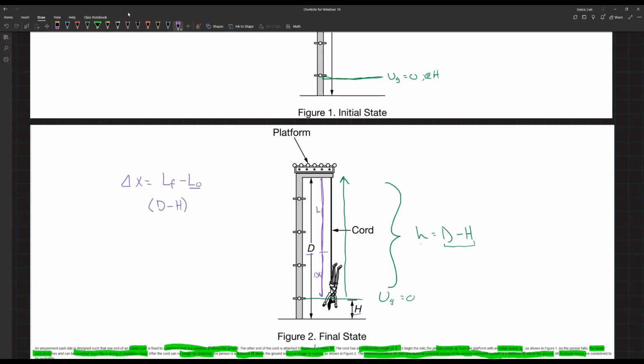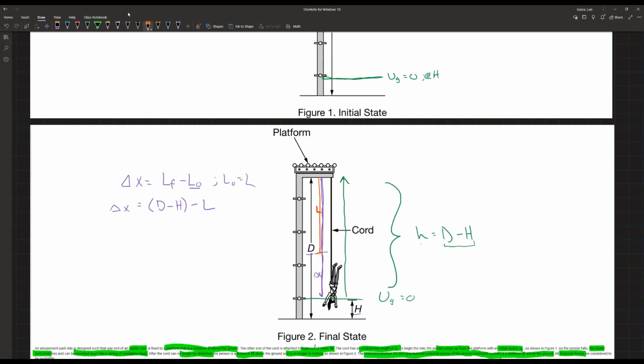And then the original length is just going to be L. So now we have how much the spring or the cord has stretched. It is the final length, which is this purple line, minus, and let me go ahead and give it another color, minus this original length, which is this orange line. So the original length of the cord could be thought of as L, and we're only concerned with how much we stretch it from that point.